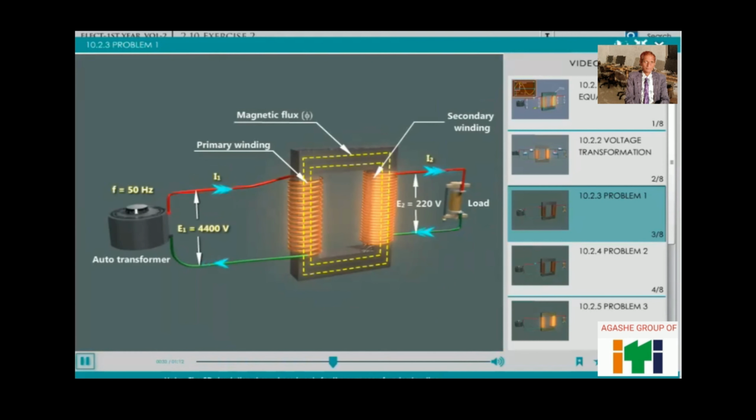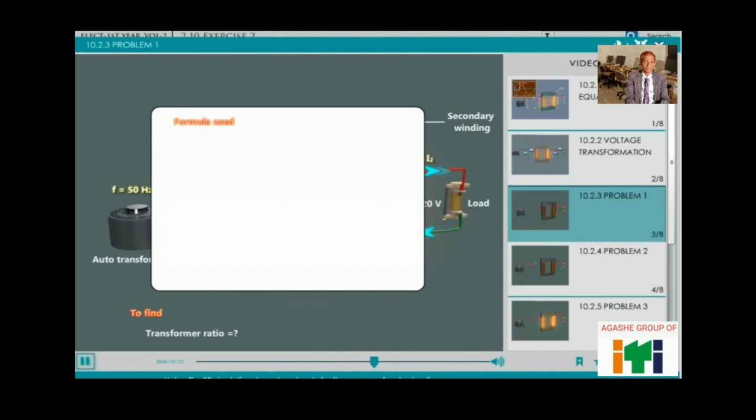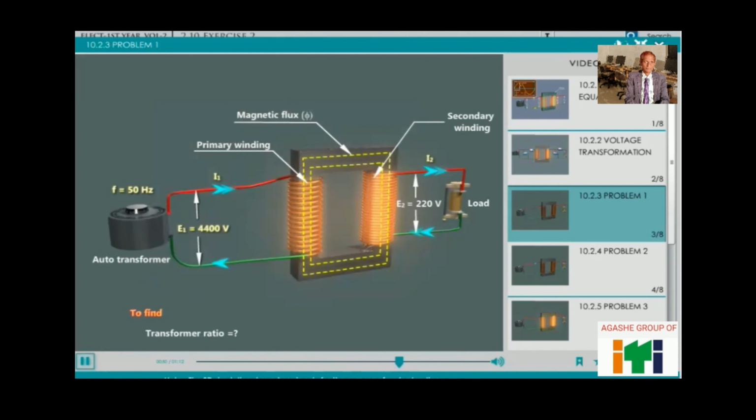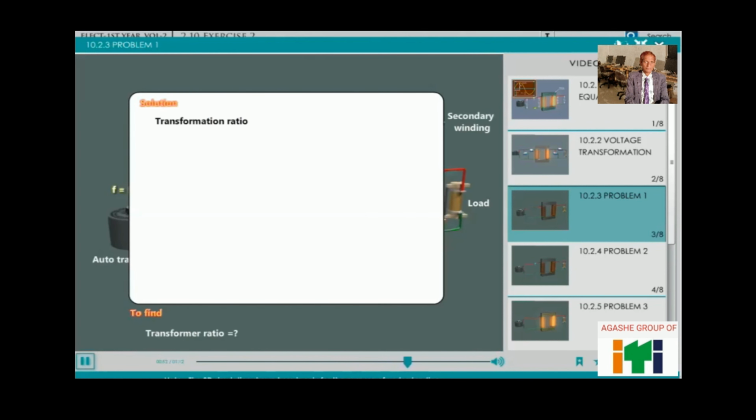Secondary induced EMF, that is E2, is equal to 220 volts. To find transformation ratio, that is K. Formula used: transformer ratio K is equal to E2 by E1.